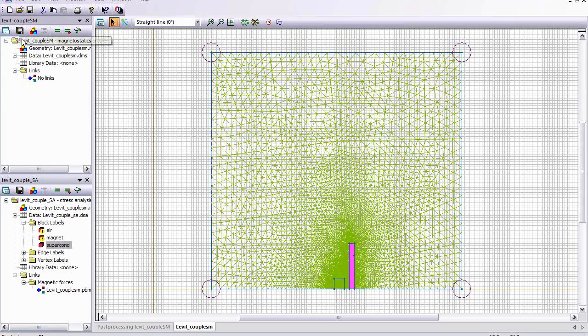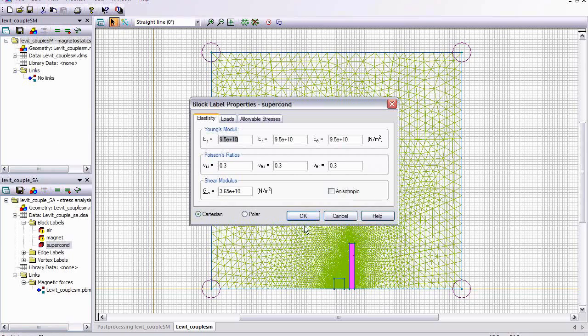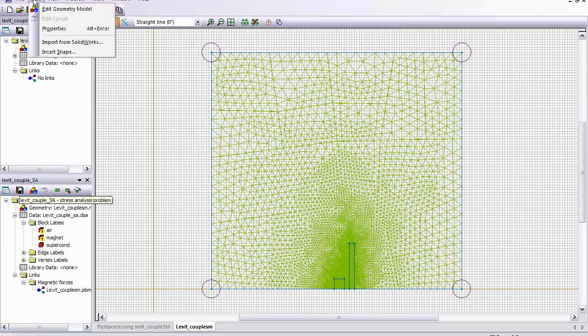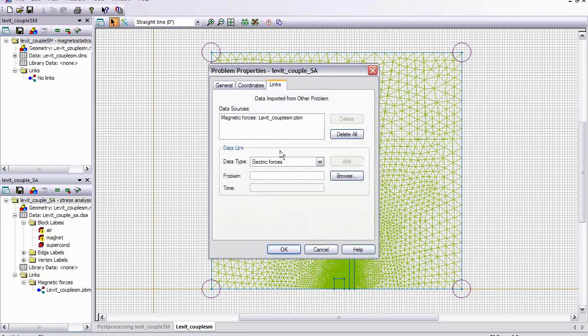Now I need to couple the magnetostatic forces into the stress analysis problem. And I've actually done that here, but I will show you where you would do that. I'm looking at the stress analysis here, and I'm going to edit the properties. And I'm going to look at my links here.